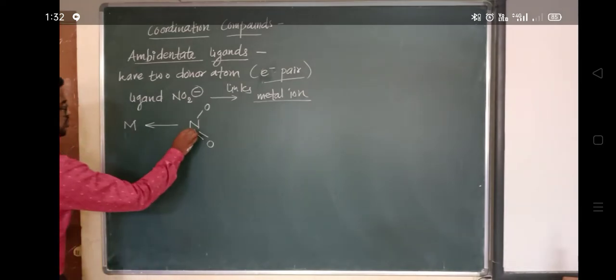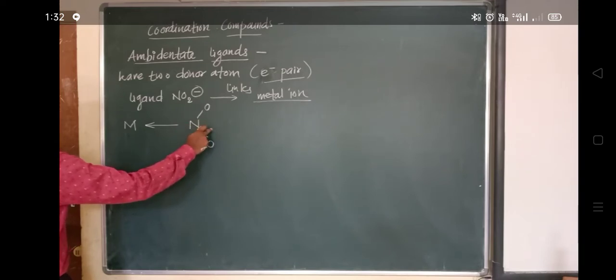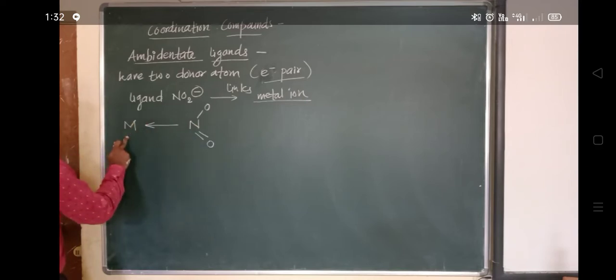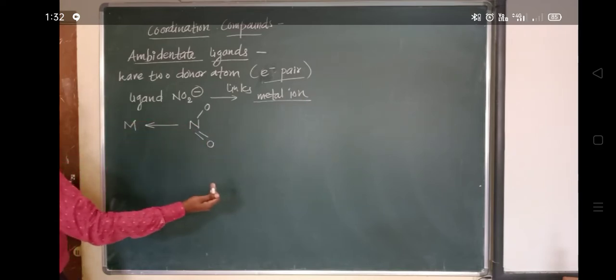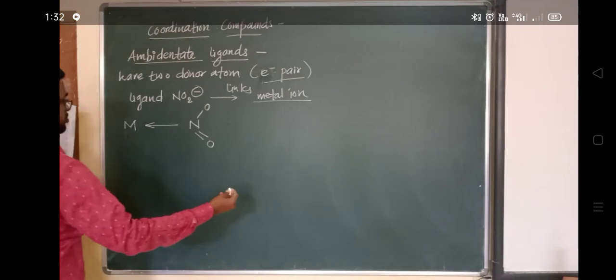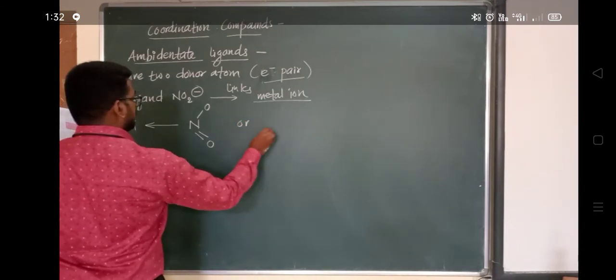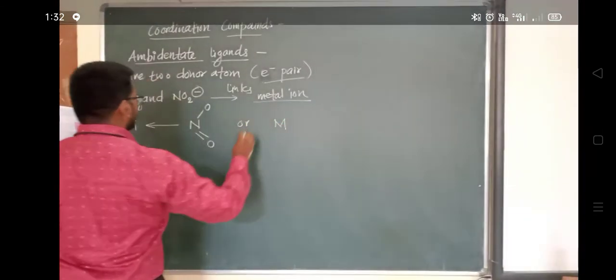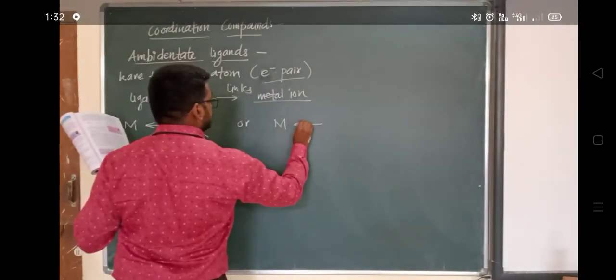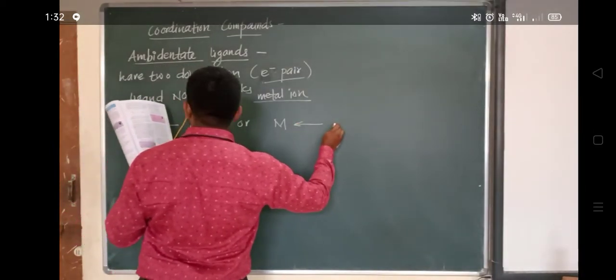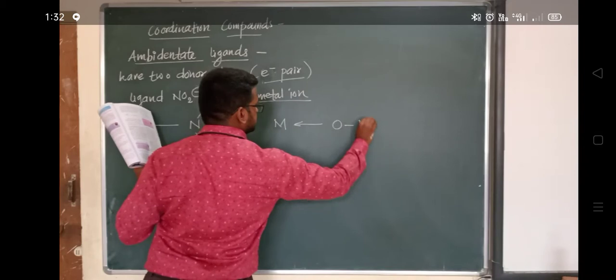This nitrogen atom is sharing the pair of electrons with this ligand. Okay, another possibility: we'll draw it. This is the metal ion, and there may be a possibility that this oxygen donates.